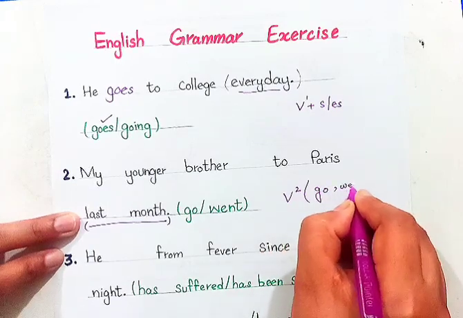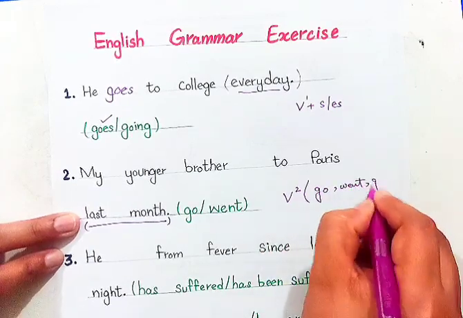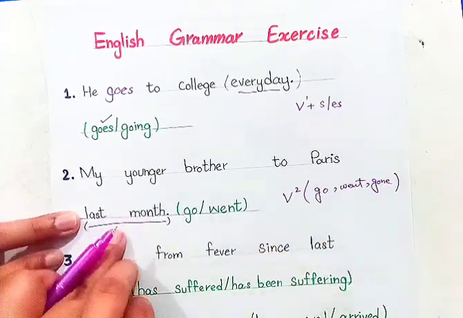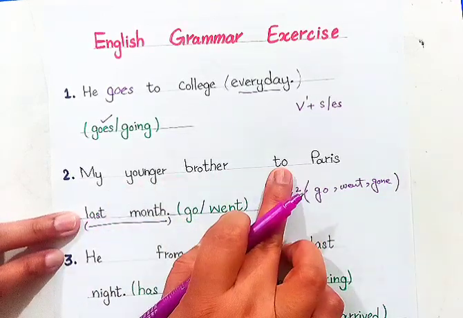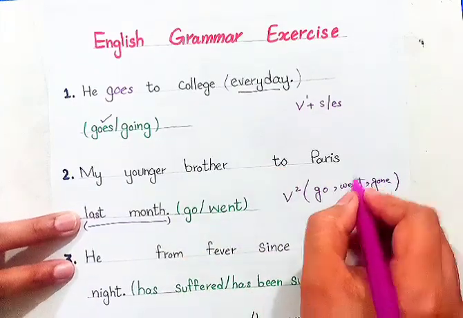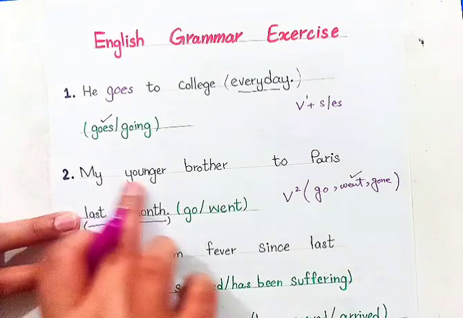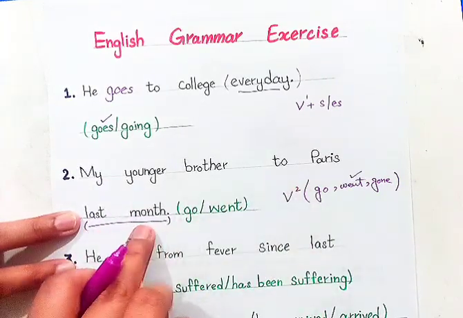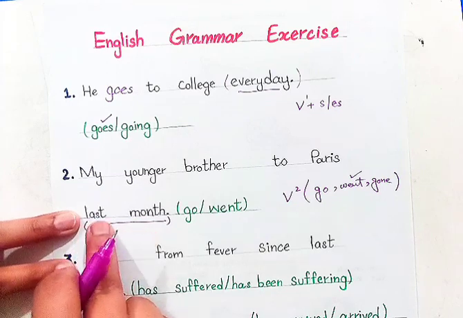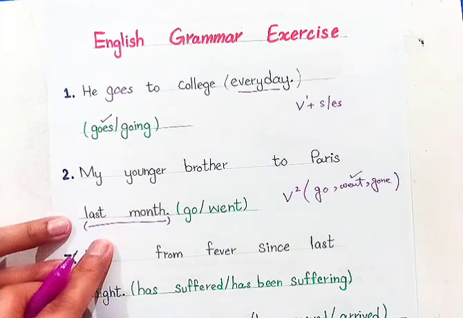Go, went, gone. These are forms of verbs, and this is a simple past tense, and for simple past tense we always use went. My younger brother went to Paris last month, because in this sentence we are talking about the past time.